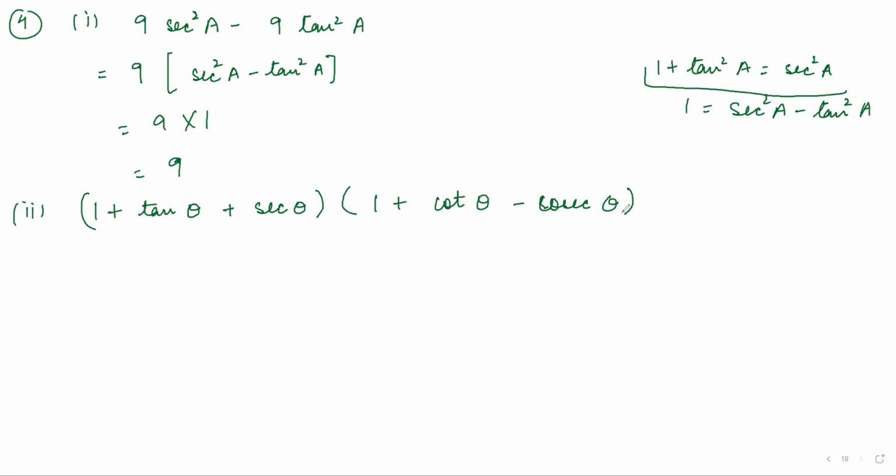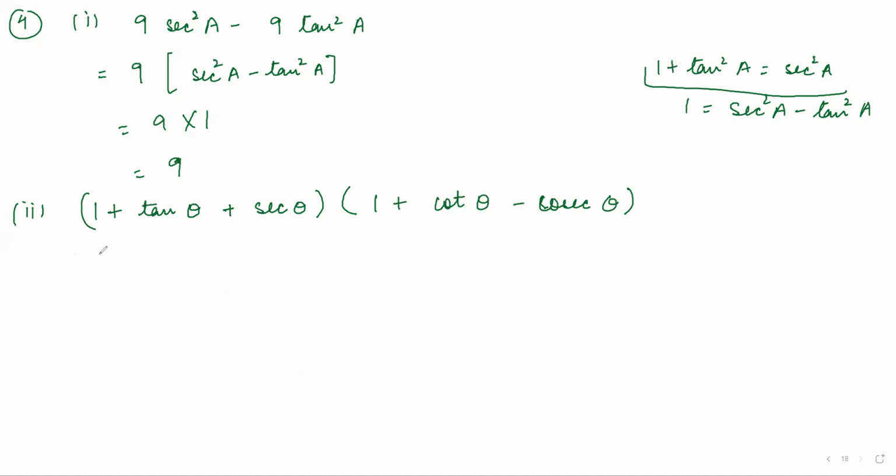The easiest way of solving such questions is, first of all, try to convert everything in terms of sine and cos. That makes things a bit simpler, and everything will come in common terms.